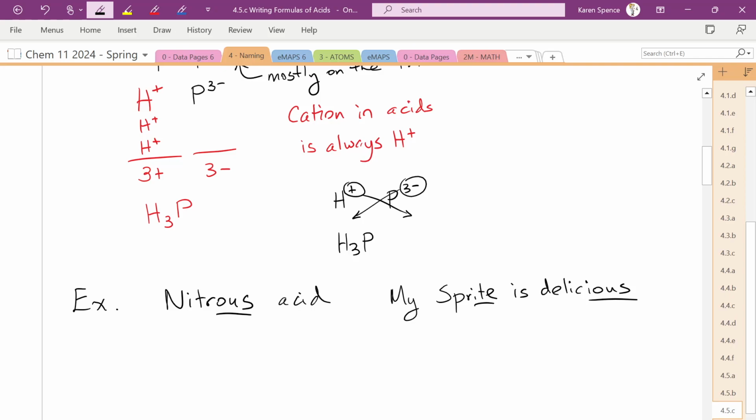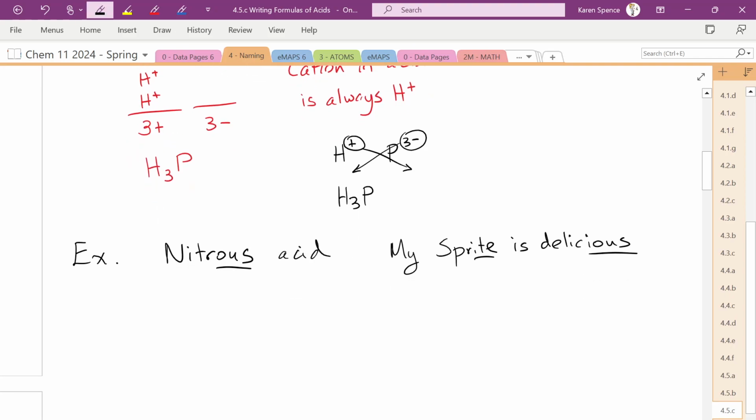Okay, my Sprite is delicious. And so that means we have the nitrite ion. You can go look that up on your table of polyatomic ions. And it is NO2 minus.